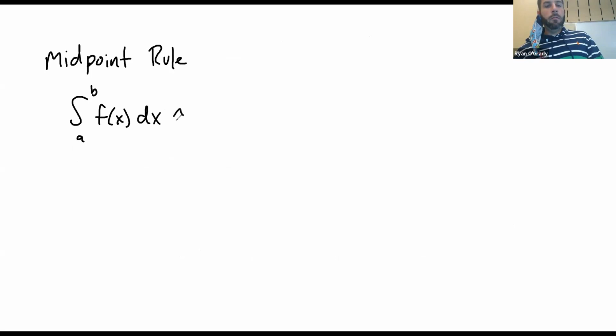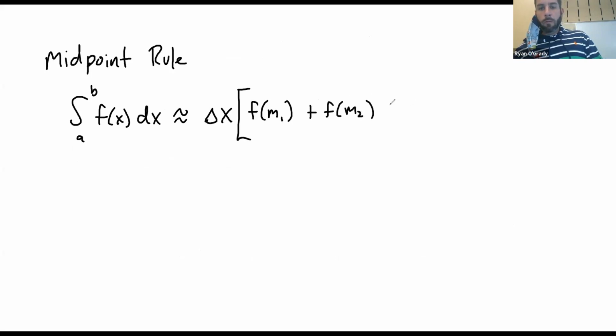Now, the midpoint rule seems great. The only issue with the midpoint rule, particularly, is that it requires an extra set of calculations. The midpoint rule says you don't add up the x sub 1, x sub 2's, but you add up these new numbers. And so let's remind you of what they are.